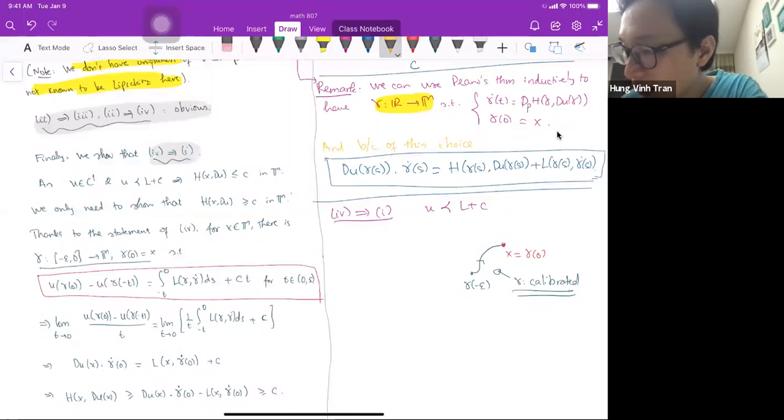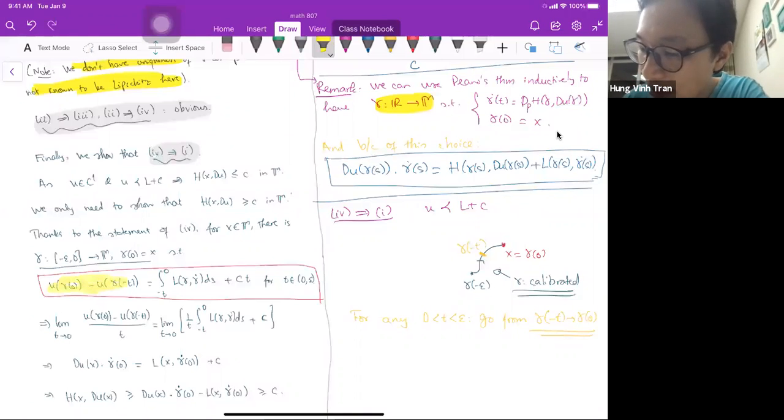We are saying that you can start from minus epsilon to 0, so you can start from any point gamma minus t, for 0 less than t less than epsilon, and go from gamma minus t to gamma 0. Then the left hand side, the difference in values of u, equals the action functional on the right.